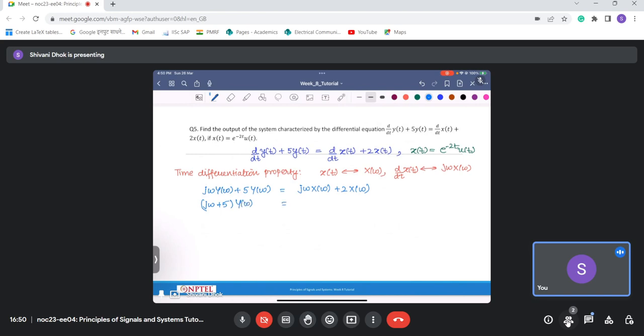This is equal to j omega plus 2 times x of omega. Therefore, y of omega comes out to be 2 plus j omega upon 5 plus j omega times x of omega. Let me number this as equation number 1.